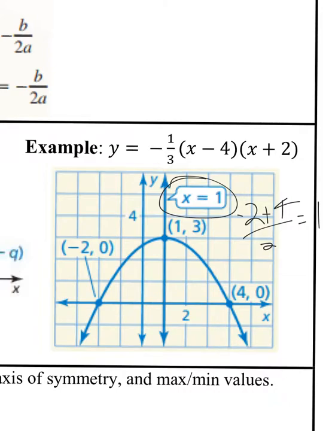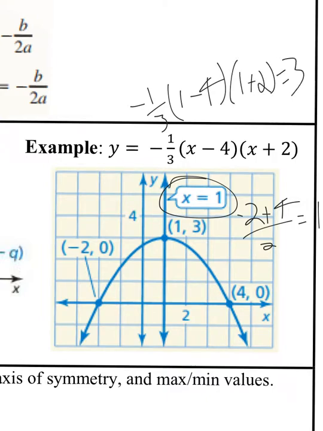So when you plug that back in, negative 1/3 times 1 minus 4 times 1 plus 2, you are going to get 3, which is the y-coordinate right there. And so this one is a maximum because it's opening down, and that is the highest point possible right there, that vertex.